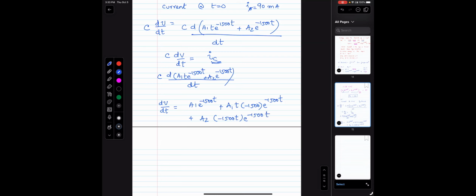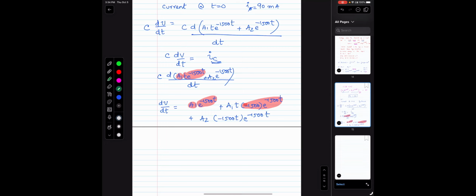How did I get all of that? It's straightforward. This is a constant, you leave it like that. Now, t e to the negative 1500 t can be written using the chain rule as this guy plus all of this. That's the chain rule.